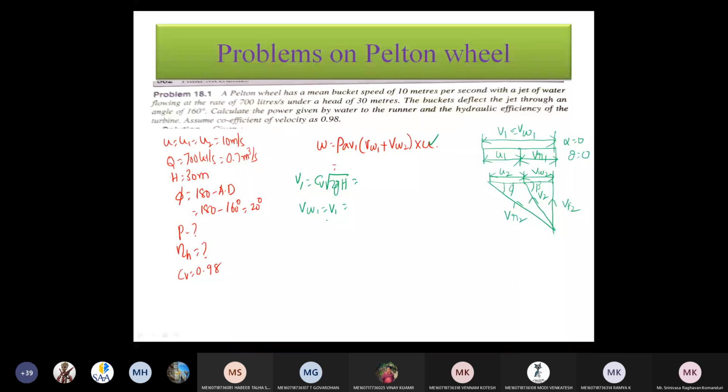What is the value of V1? You can mention it in the chat box also. What is the value of V1?